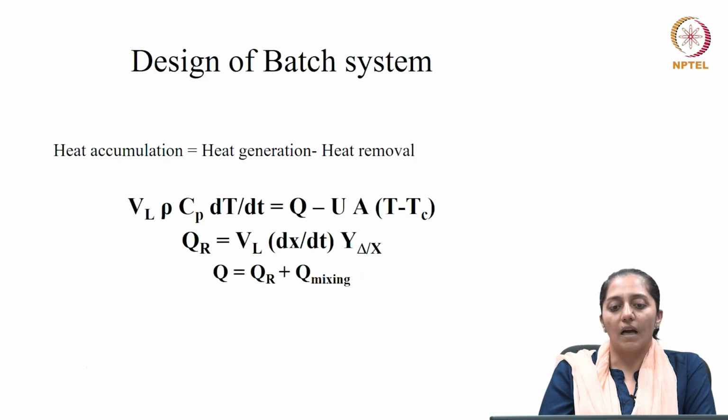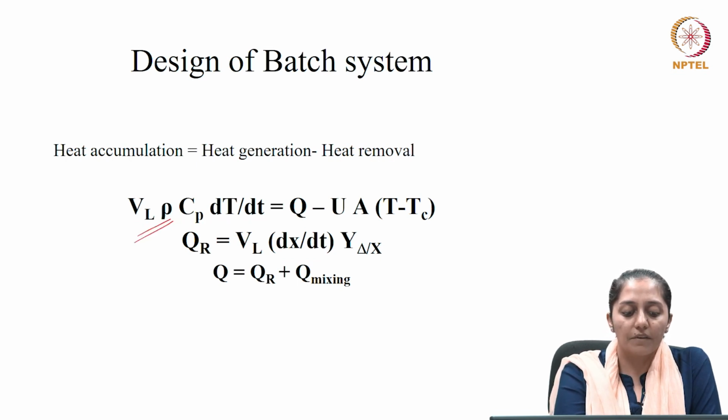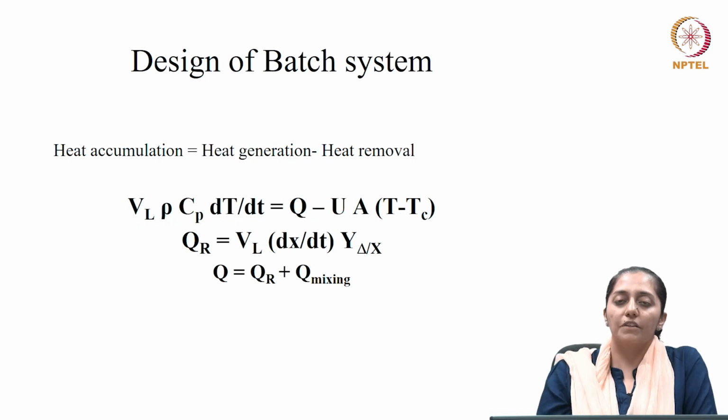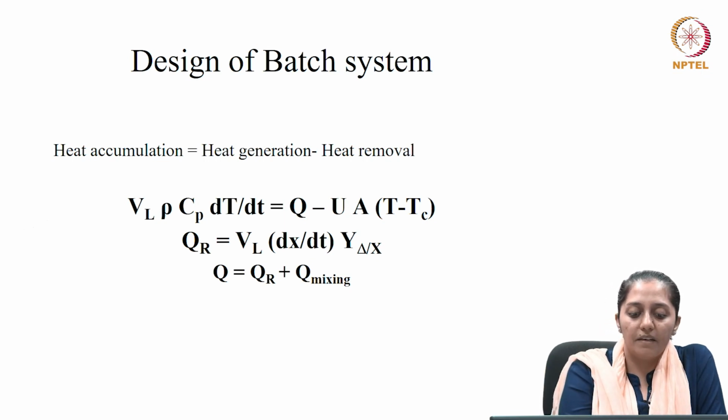So, in order to design the batch heat exchanger, if you do a heat balance, the amount of heat accumulated will be equal to the amount of heat generated minus heat removed. The rate at which the heat will be accumulated and the change in temperature with time observed in the fermentation medium can be given as follows.